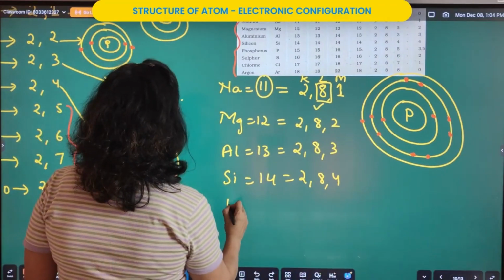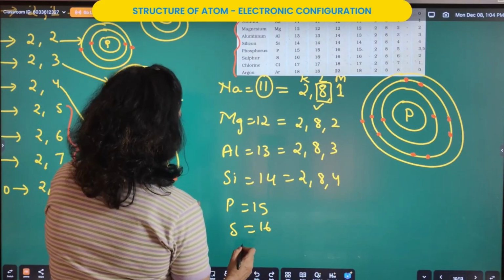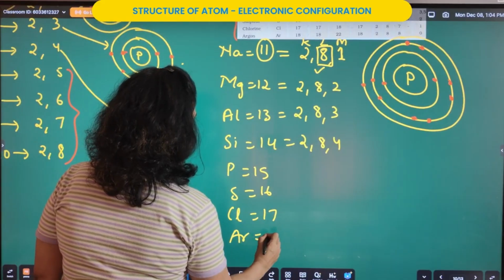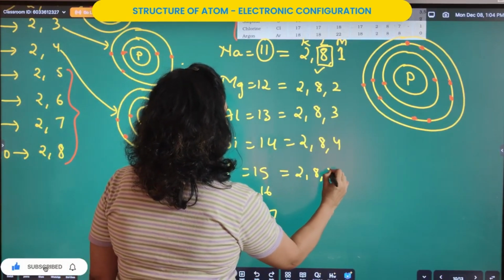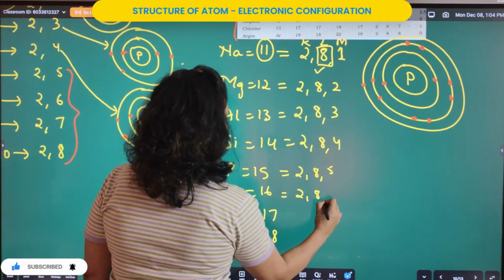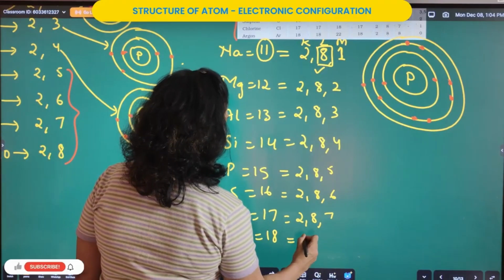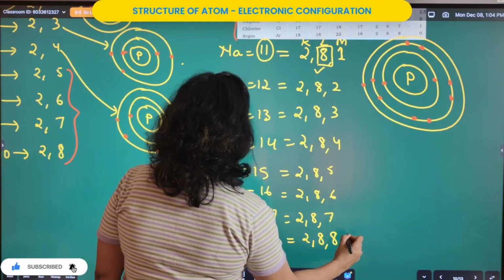Then we have phosphorus, 15, sulfur, 16, then chlorine, 17 and argon, 18. So this will be 2, 8, 5, 2, 8, 6, 2, 8, 7, 2, 8, 8.